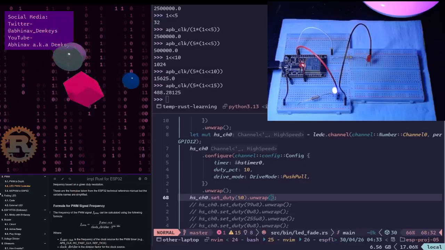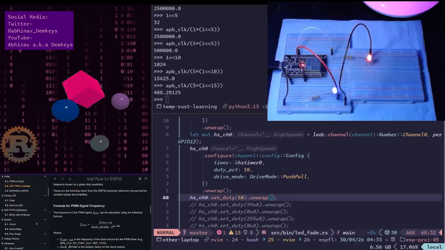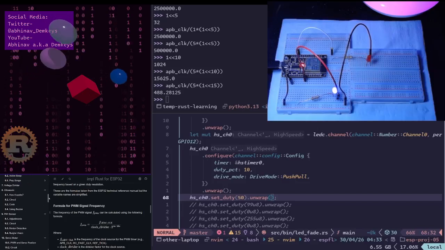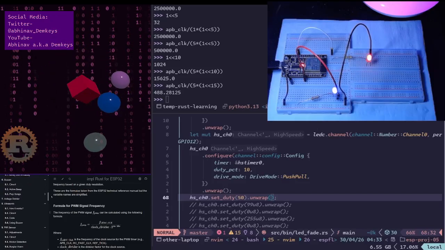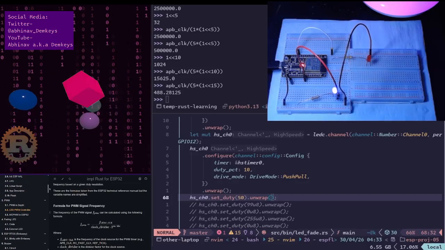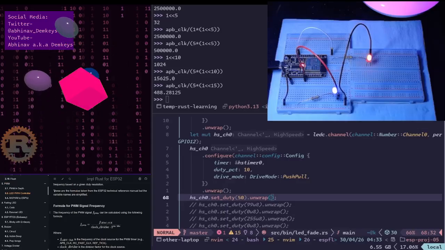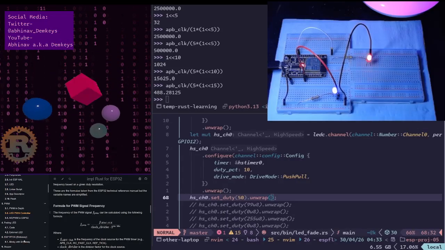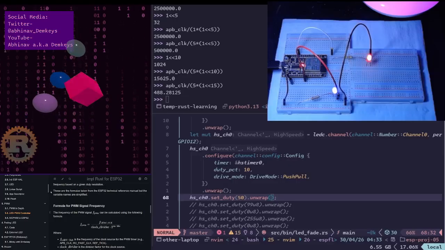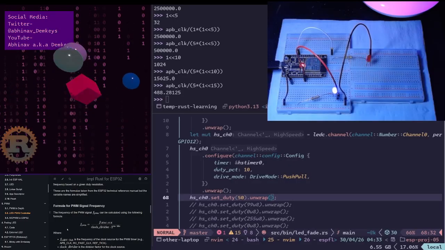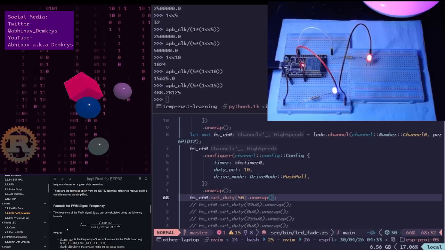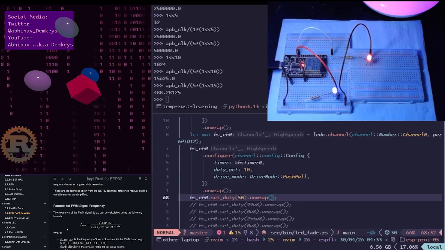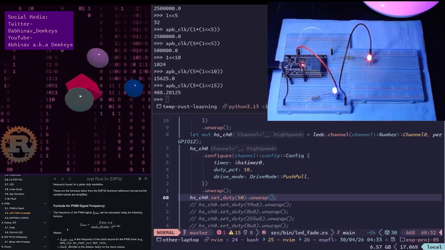I think button presses come in somewhere here, because you have to read the input. I think I should also cover Embassy before we go into button presses, because as we start doing more and more things, we are going to need to make things async. Otherwise, the timing is going to be very off.